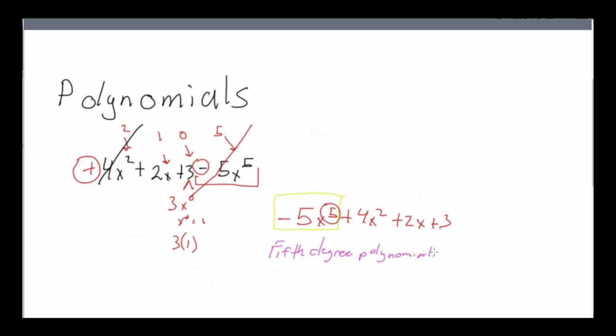All right. This may or may not be on the test, but a second degree polynomial is called a quadratic, and a third degree is called a cubic. In case they ask you to identify the cubic polynomial, you're going to want to write them in descending order. Then you're going to look at the highest power.